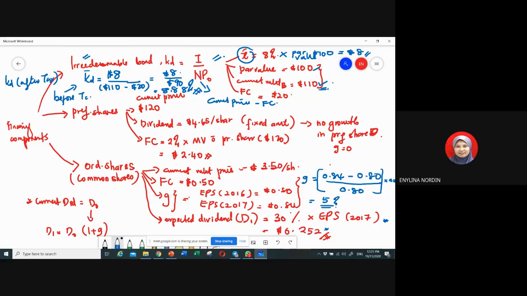So we have to deduct tax, because interest is recorded as an expense in the income statement in order to determine the taxable income. So interest here is before tax. Therefore, we need to minus tax so that we can get the cost of debt after tax.